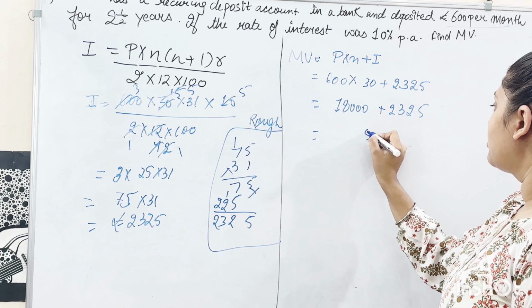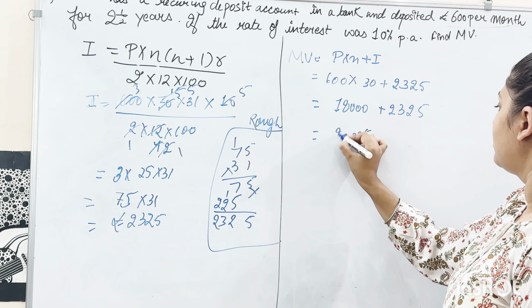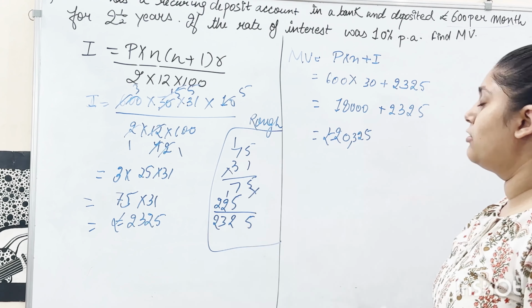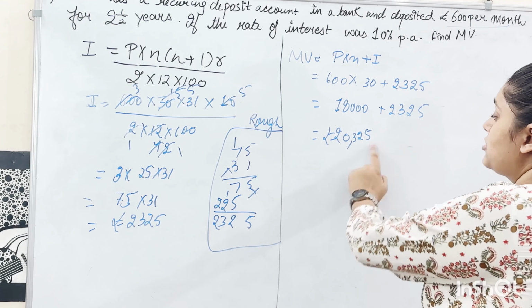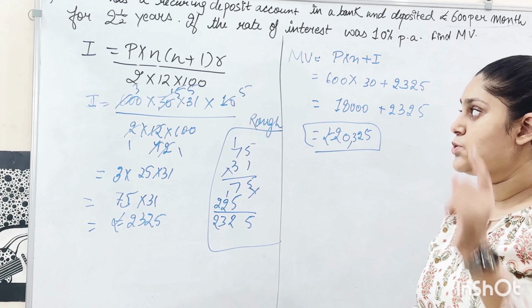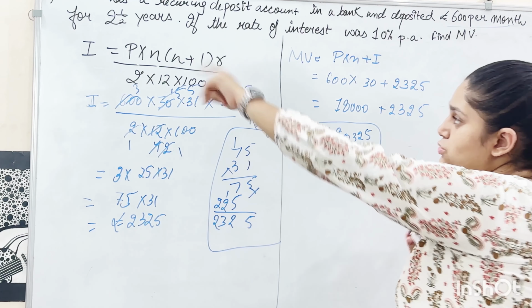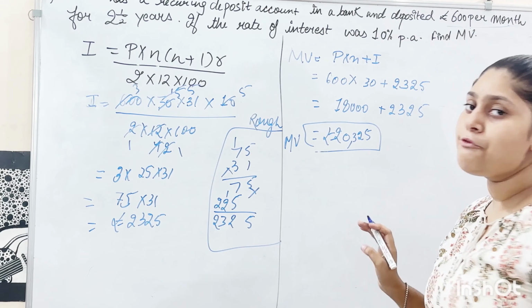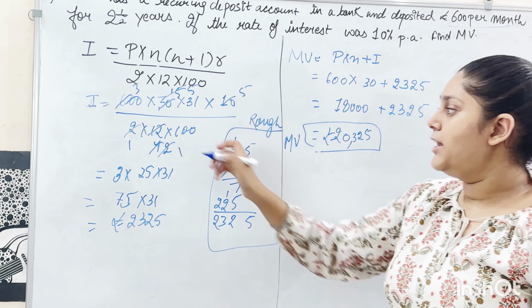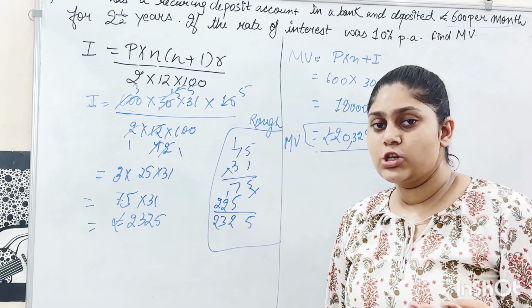It will fetch you 20,325. Okay, this will be your maturity value. So Sonia will get this after 2.5 years, paying 600 rupees every month. Now let's move on to question number 3.